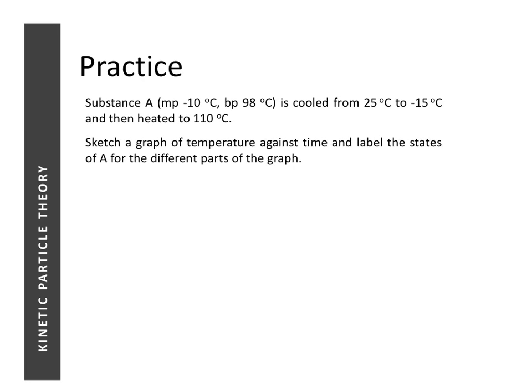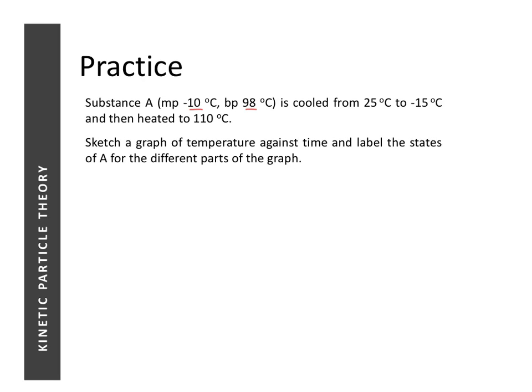Now, this is a typical question that we will get for kinetic particle theory, where we are supposed to construct a heating or cooling curve based on the information given in the question. So let's try it together. In this case, substance A with the following melting point and boiling point is cooled from one temperature to another and then heated to another temperature.